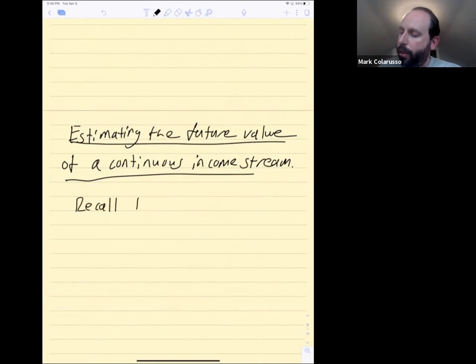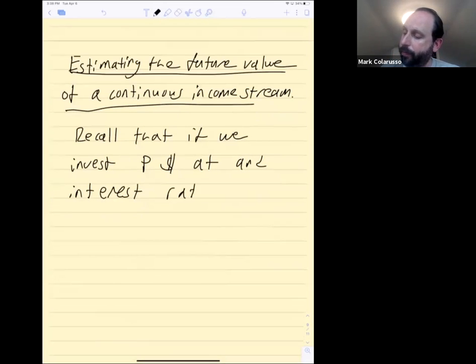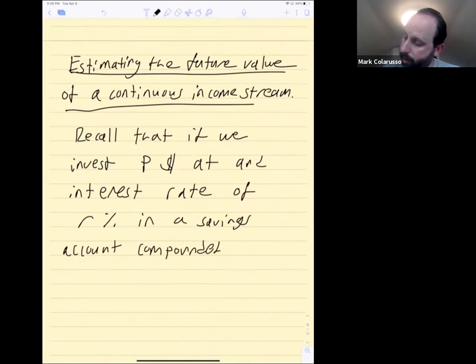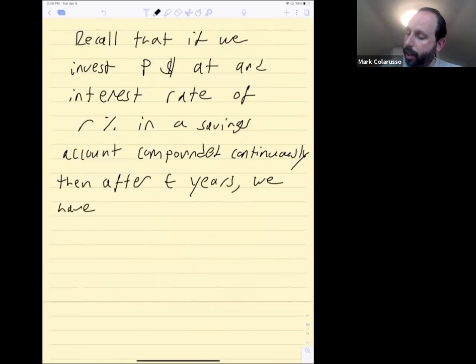So recall that if we invest P dollars at an interest rate of R% in a savings account compounded continuously, then after T years, we have A of T equals P e^(RT) dollars in the account.